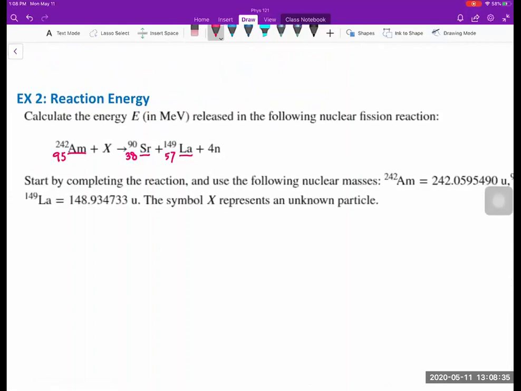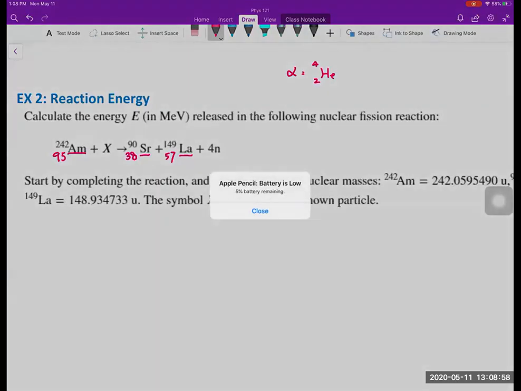Then another thing you need to know is about different particles. An alpha particle is helium 2 plus, which is ionized helium. It has 2 protons, it has a 4 at this corner, and 2 neutrons. So this is an alpha particle.